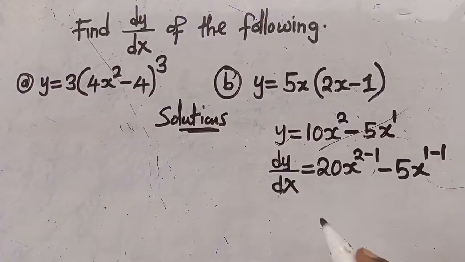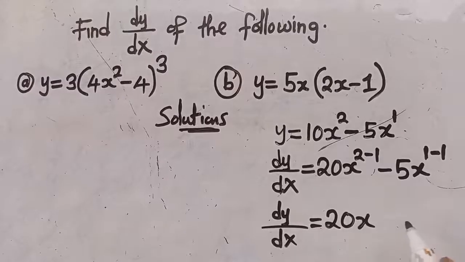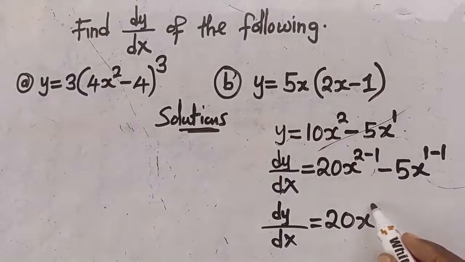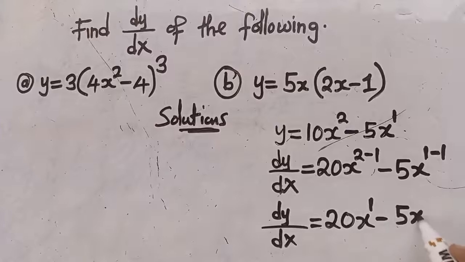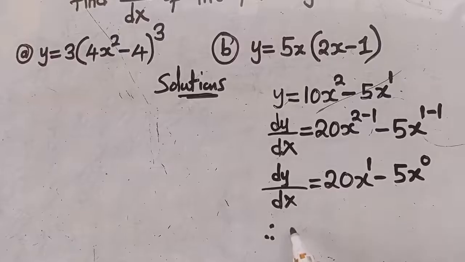At this particular point now, dy/dx is equal to 20x to the power, what is the power? 2 minus 1, that is 1. Minus 5x to the power 1 minus 1, that is 0.